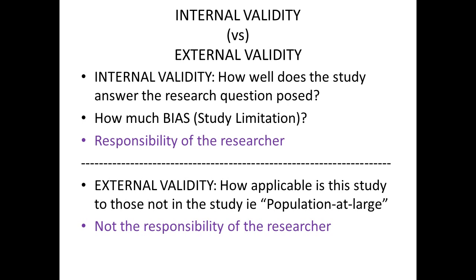Now, internal validity is the responsibility of the researcher. External validity is how applicable is this study to those not in the study. How applicable is it to the population at large? Now, this is not the responsibility of the researcher. That is the responsibility of the reader.